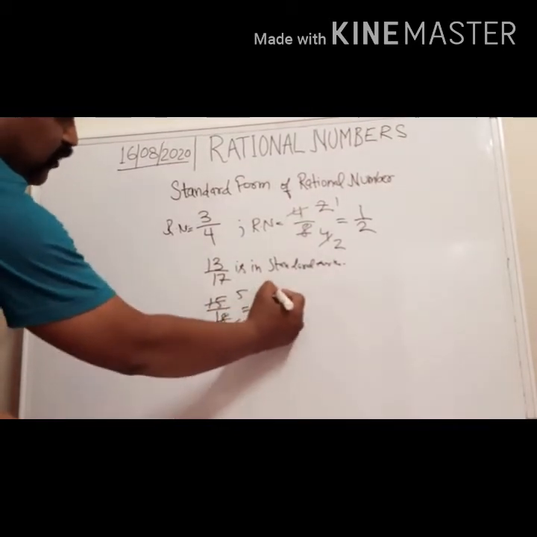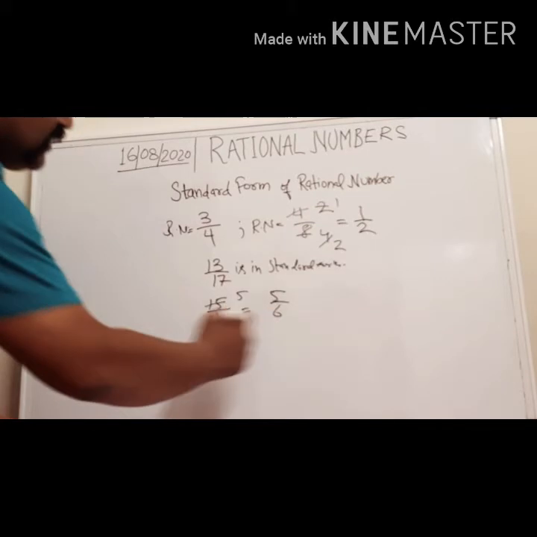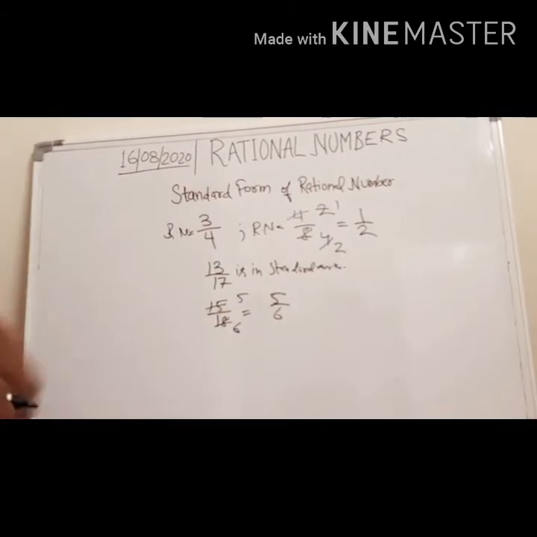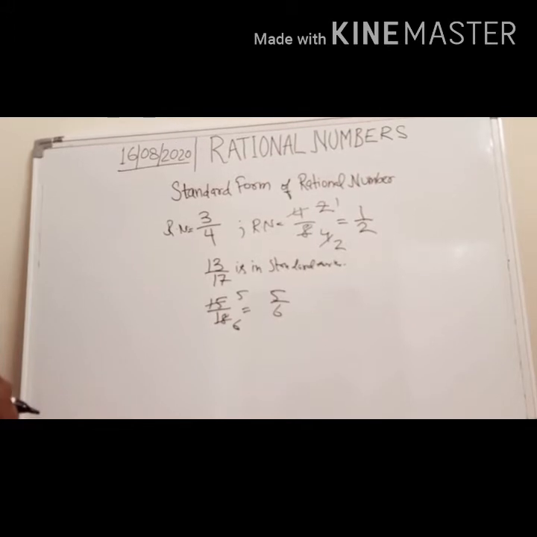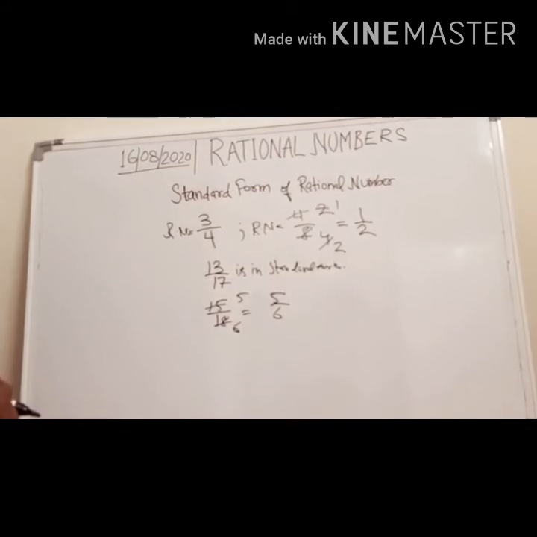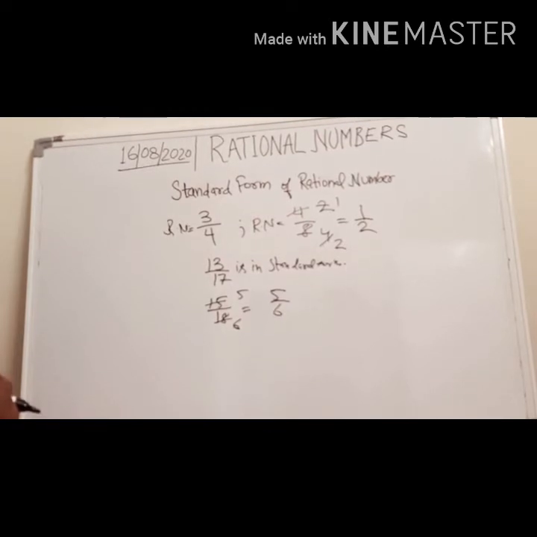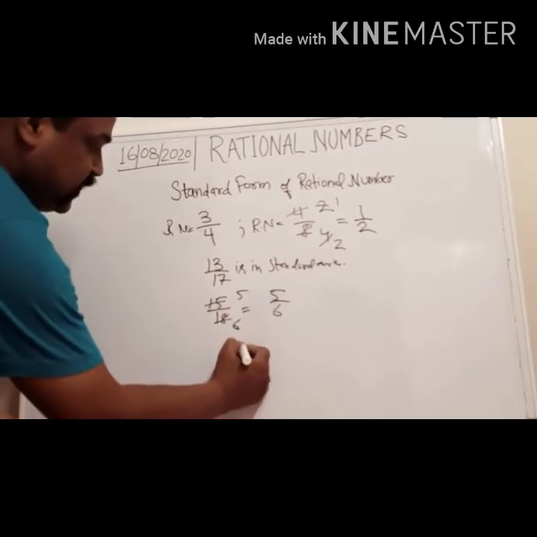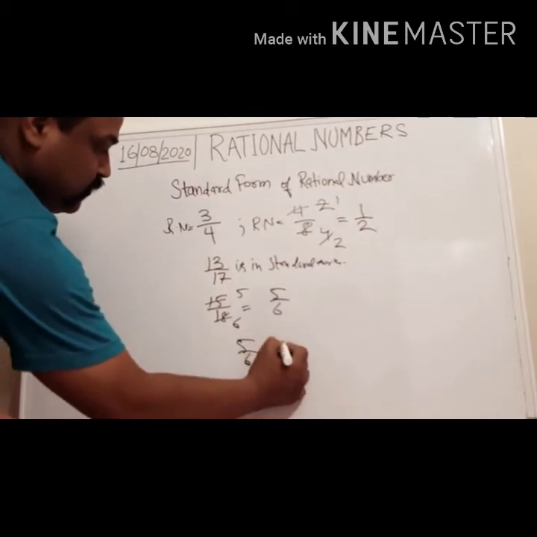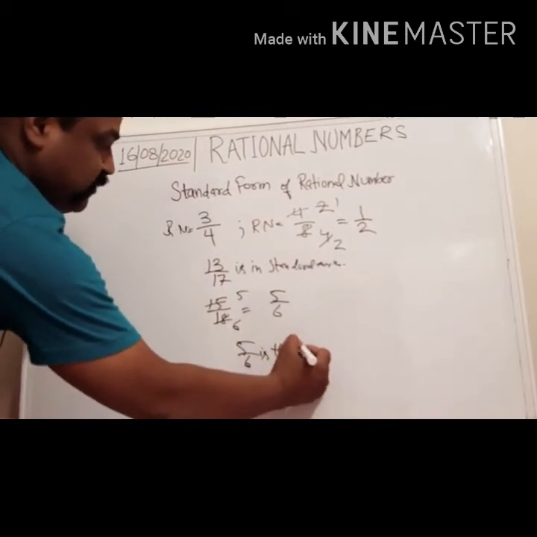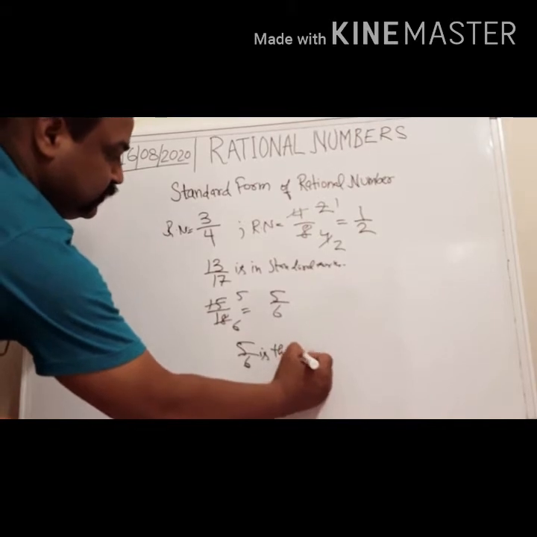Finally what we get is 5 by 6, and 5 by 6 cannot be further divided by any common number. Only 1 is common between the numerator and denominator. So 5 by 6 is the standard form of the rational number 15 by 18.